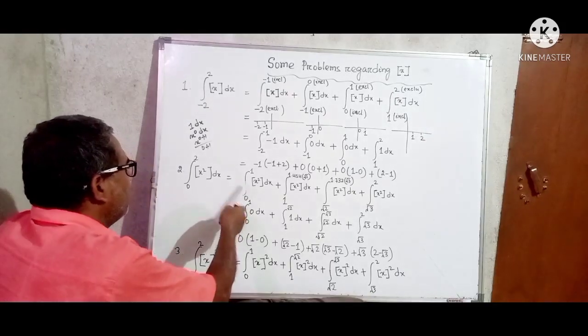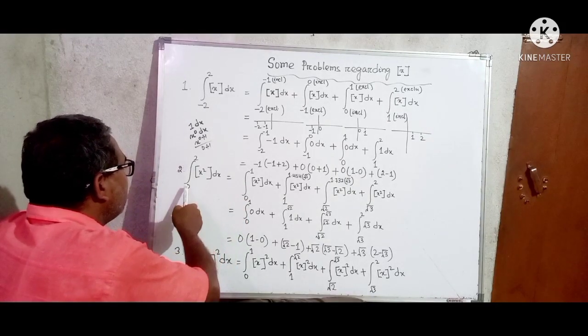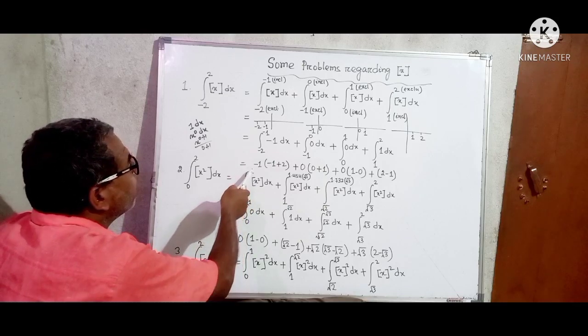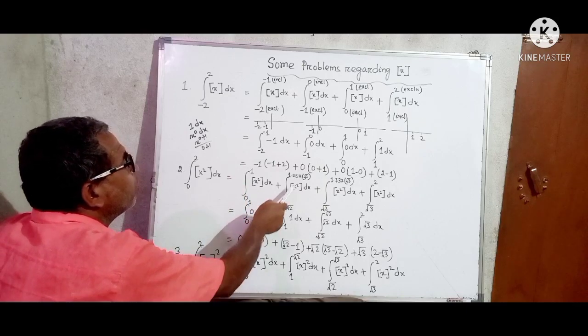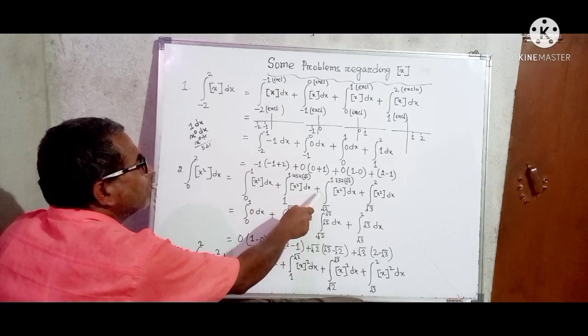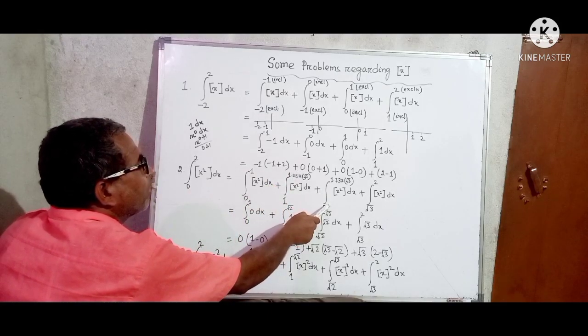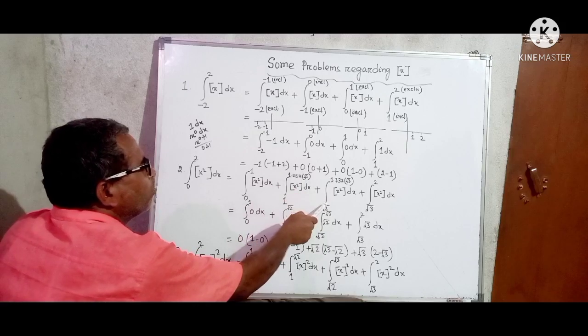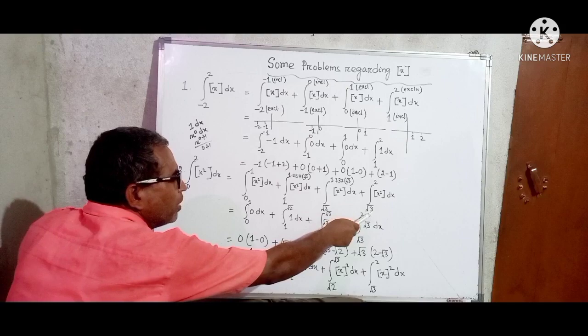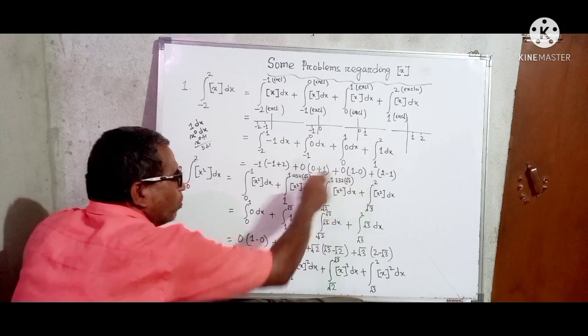You will have to split the interval into sub-intervals like this: 0 to 1, 1 to 1.414, that is root 2, then root 2 to root 3, plus root 3 to 2.